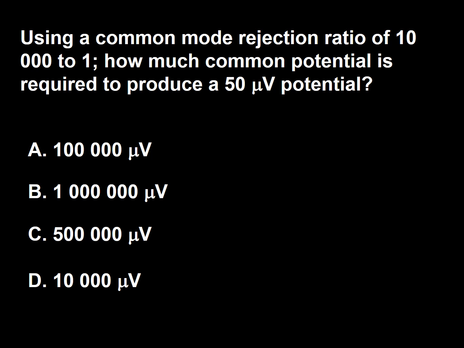Using a common mode rejection ratio of 10,000 to 1, how much common potential is required to produce a 50 microvolt potential? A, 100,000, B, 1 million, C, 500,000, D, 10,000.